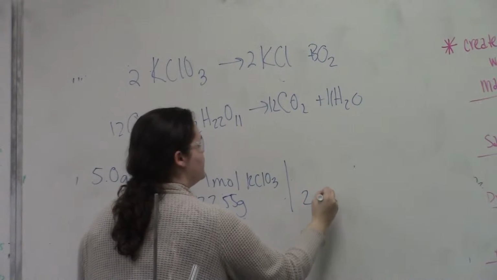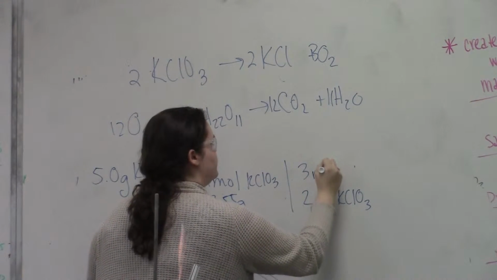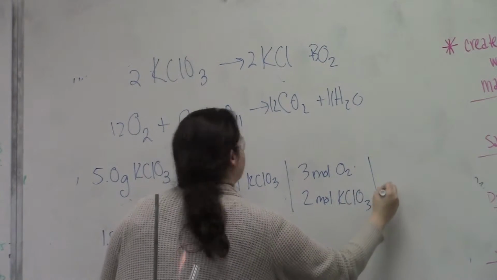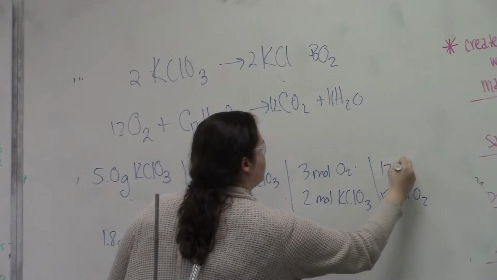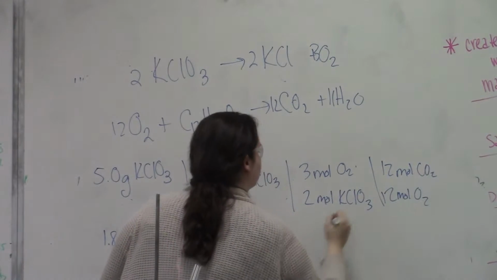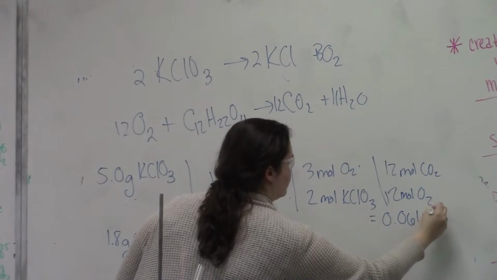For every 2 moles of KClO3, I get 3 moles of oxygen. For every 12 moles of oxygen, I get 12 moles of CO2. And this is going to equal 0.061 moles of CO2.